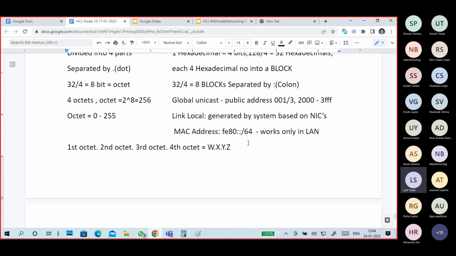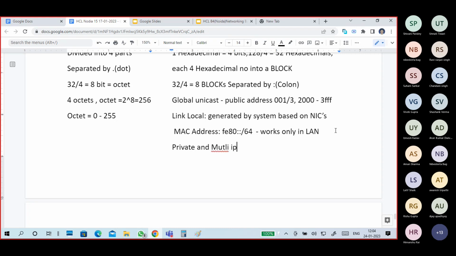Okay, there are two more kinds of IP addresses, guys. One is the private IP address, and we also have multicast IP addresses.